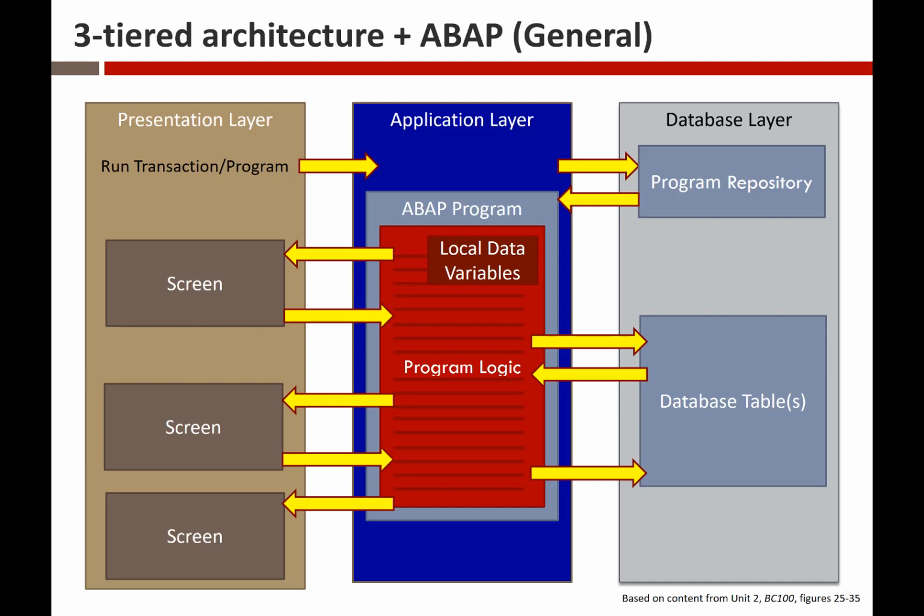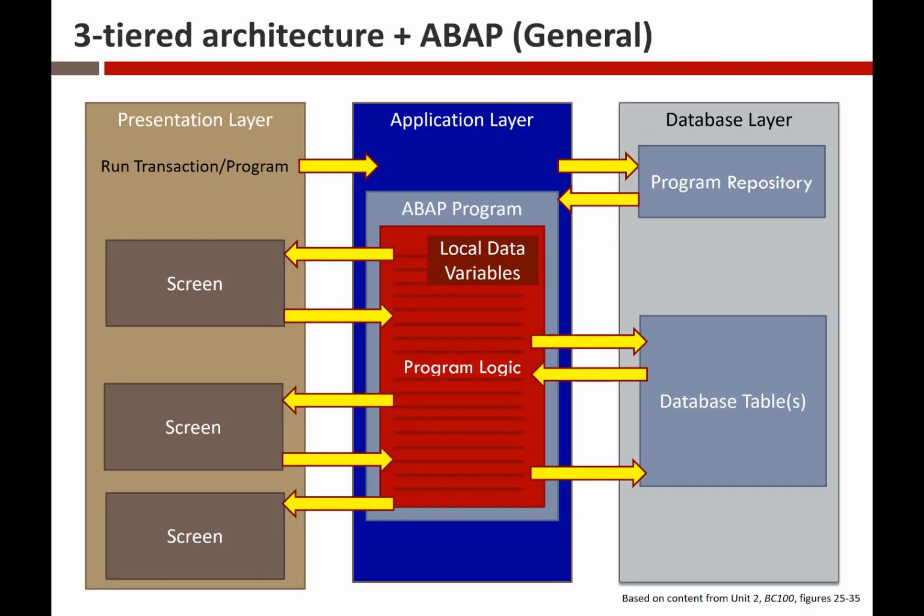Probably not a year goes by that SAP doesn't say, now you can interact with our system using OData or using whatever, and they'll add that to the repertoire of the way that the communication can take place. But typically, all of that is going to be controlled and managed by the application layer. Good questions. Other questions?